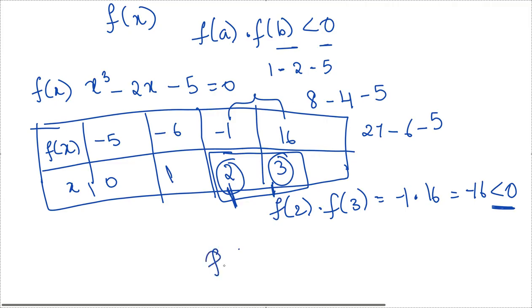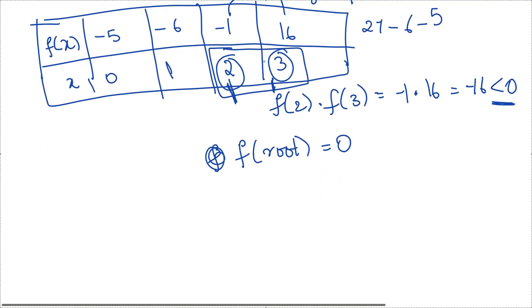If you get the root, f of root directly gives you 0, correct? If you know the value of x, the root value should directly result in 0. But if it is less than 0, that means the root lies between this interval.